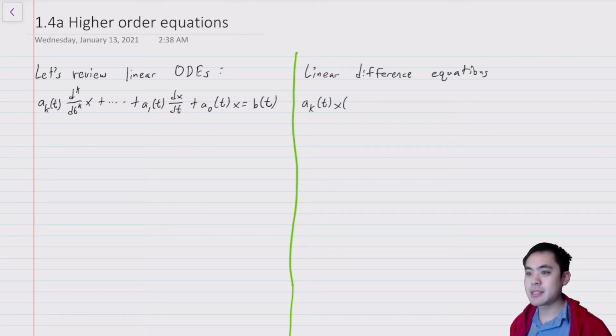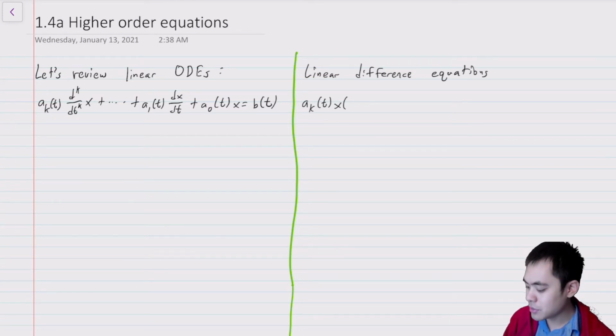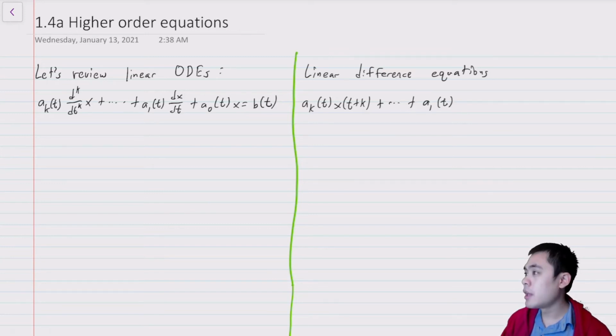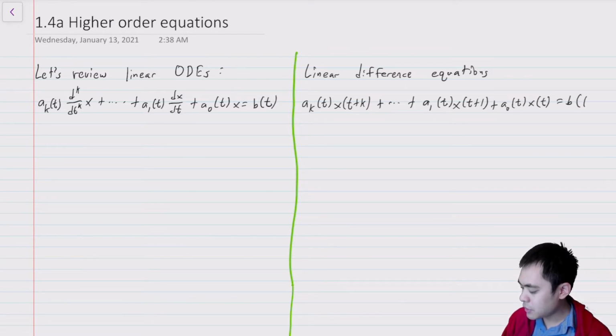But here, of course, x takes values from just the natural numbers. t plus k, plus dot dot dot plus a_1 of t, that's the coefficient there, x of t plus 1, plus a_0 of t x of t is equal to some b of t.